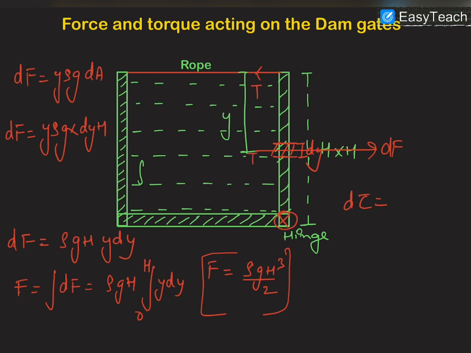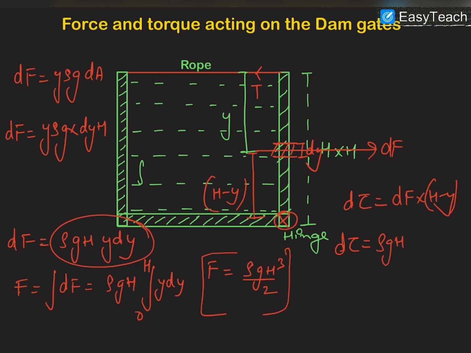The torque of dF about the hinge point will be dF into h minus y, where this is h minus y, and the value of dF is rho g h into y dy. So d tau is rho g h into y dy into h minus y. Then tau will be the integration of d tau, which is rho g h times the integration of y into h minus y dy, with limits from 0 to h.